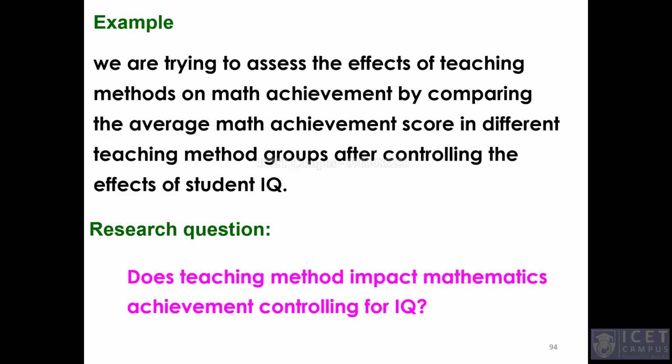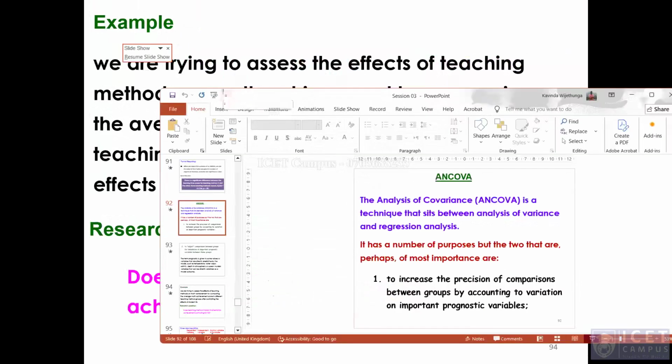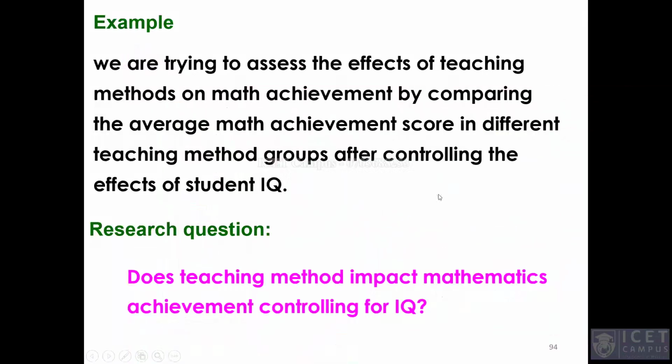Right. Therefore, we can see that we have to think there are actually three variables. Does the teaching method impact the mathematics achievement by controlling for IQ? So that should be the research question.